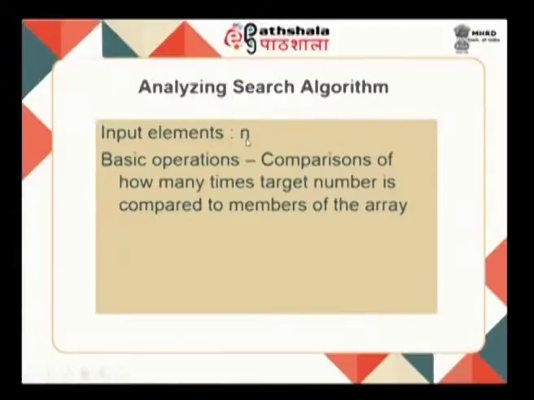In this algorithm, the input size is n. So n elements are present, and I have to choose the basic operation. The basic operation that is very natural for this algorithm is comparison, where we compare the target element with every member of the array.